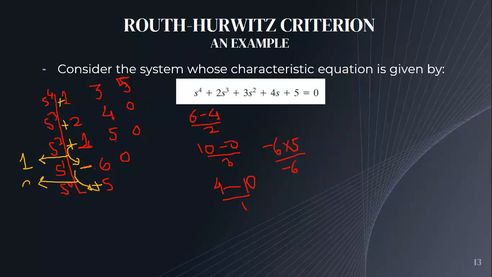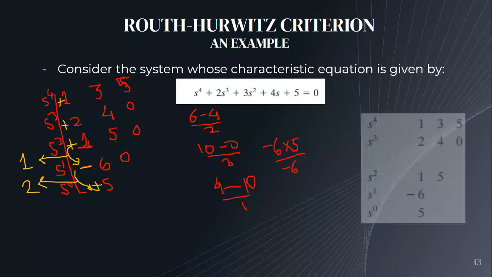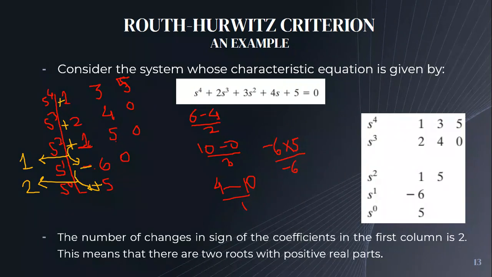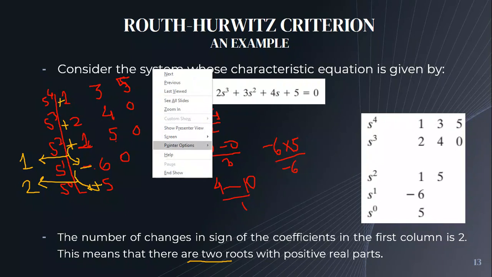So there are two sign changes, which shows that there are two poles on the right hand side of the S plane. So this is what we have obtained as a Routh array, right? And this shows that there are two sign changes in the first column. That means there are two roots with positive real parts.